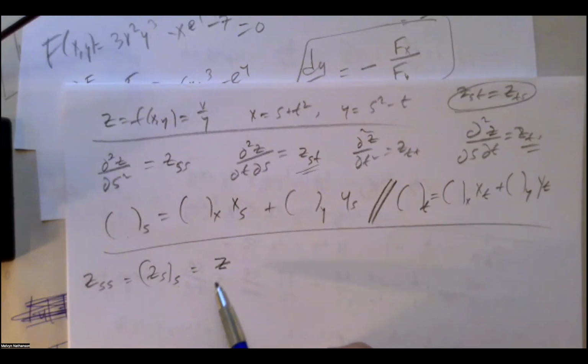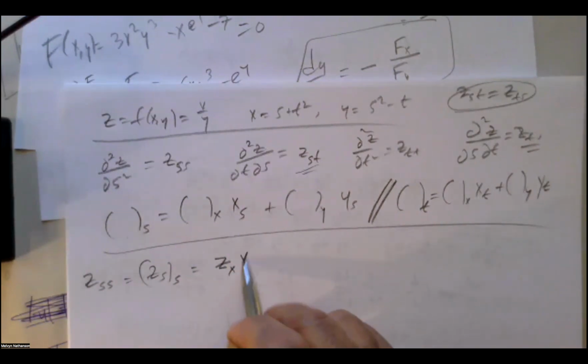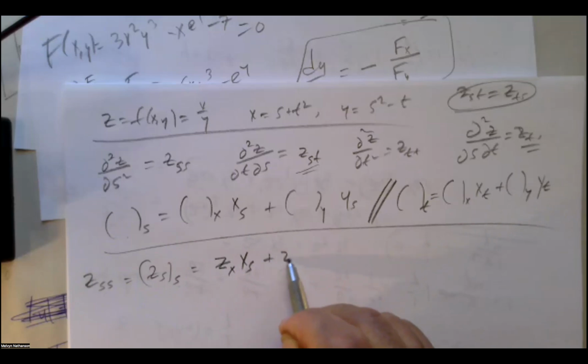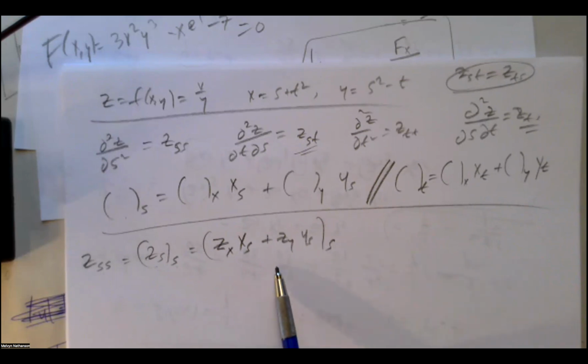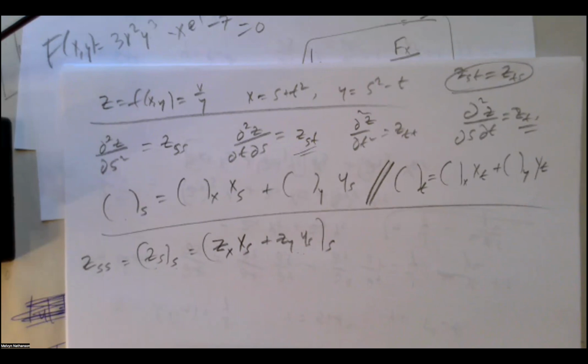Z sub s is z sub x, x sub s, plus z sub y, y sub s. That's this first derivative, the first partial of z with respect to s. And then we're differentiating that with respect to s. And that is the sum of these two second partials with respect to s.